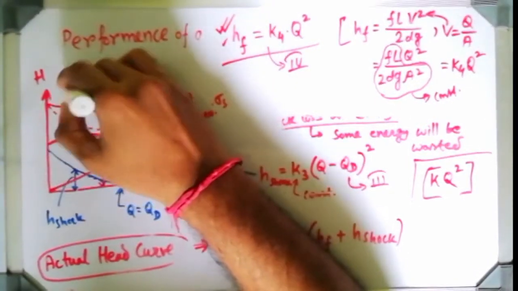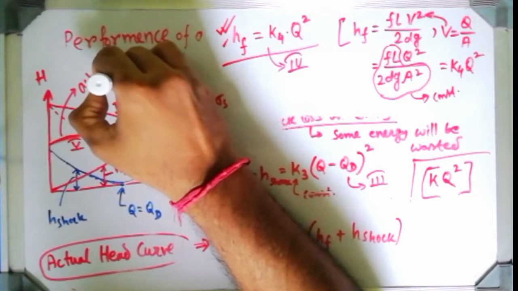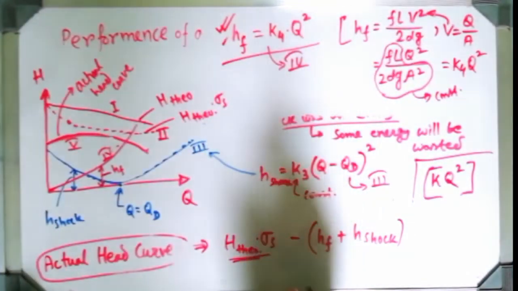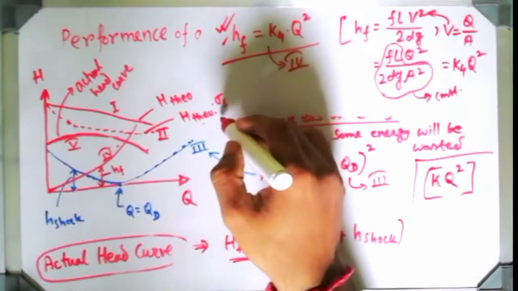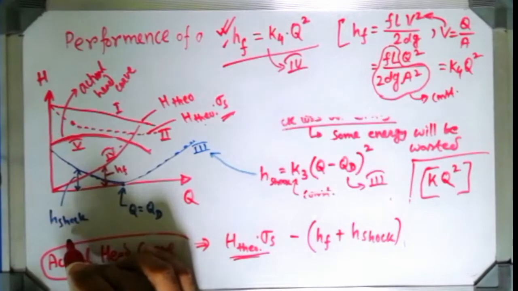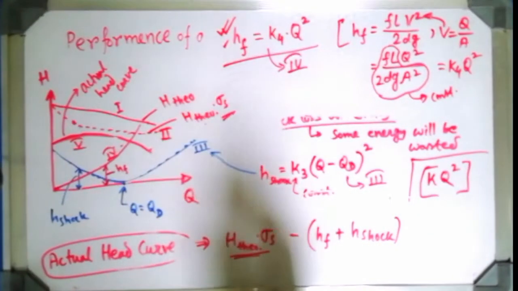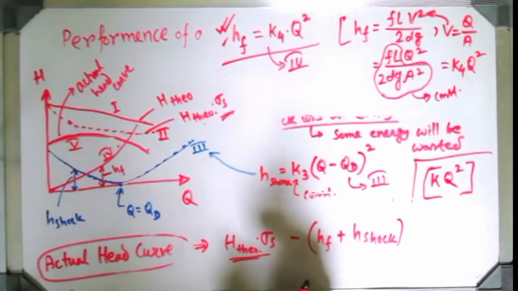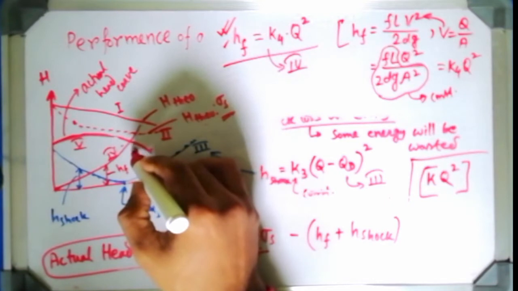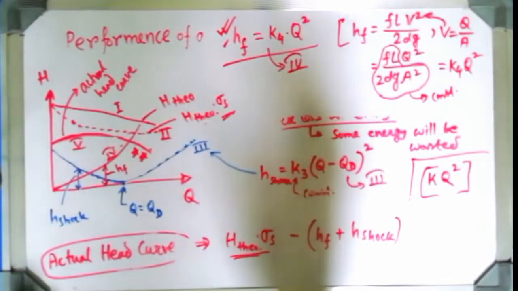This curve is the actual head curve. Actual head curve means we have considered loss due to slip, head loss due to friction, and head loss due to shock. So actually the real head curve versus discharge will be this one. I am putting one star, 2 star.